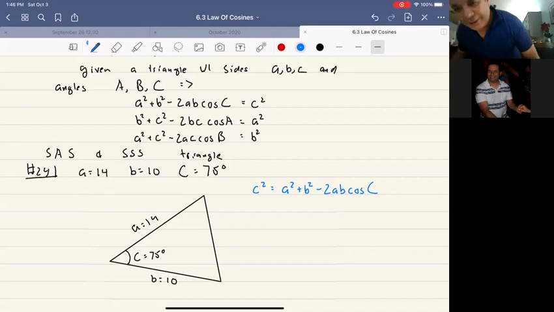I'm back with my calculator. Just plugging those numbers in, I do tend to do it a couple times just to make sure. 14 squared plus 10 squared minus 2 times 14 times 10 times cosine of 75, and I get 223.53.